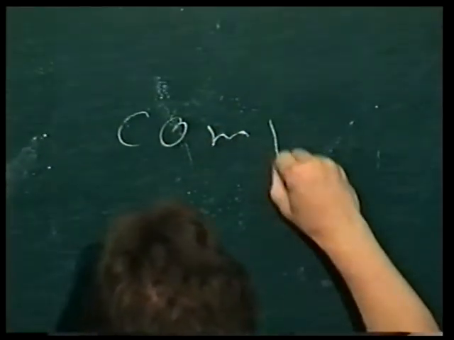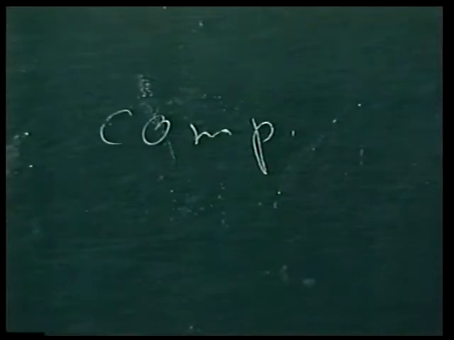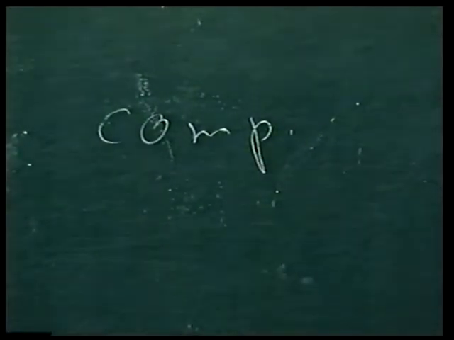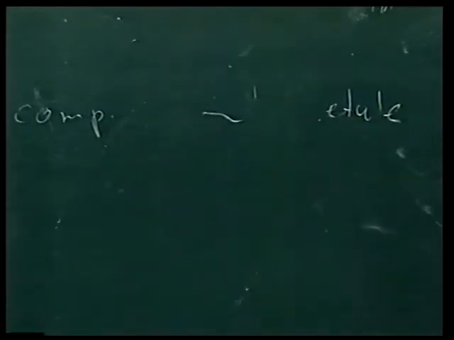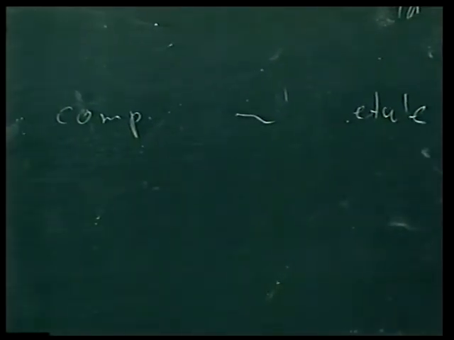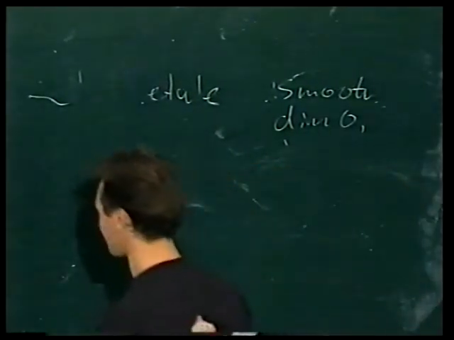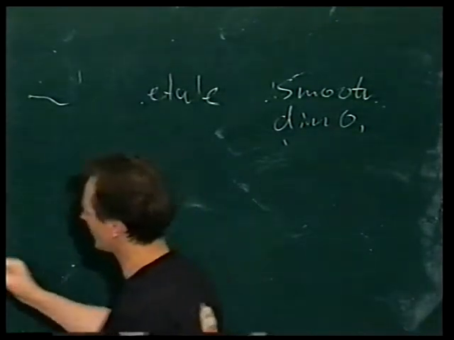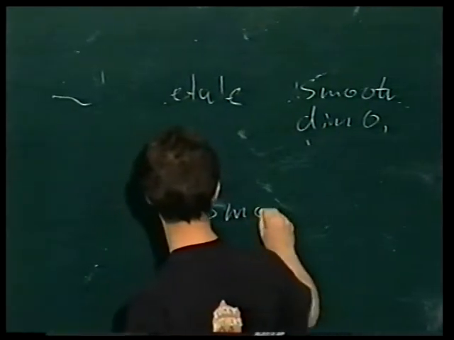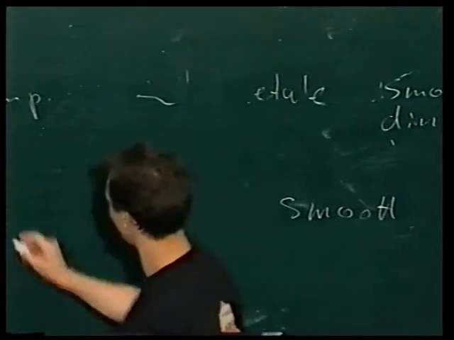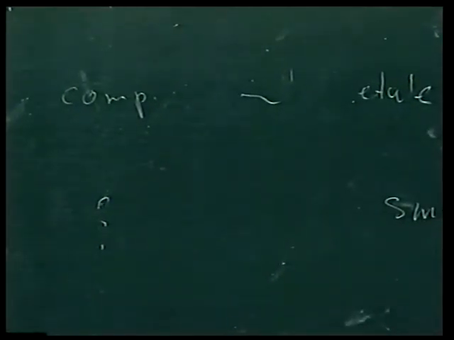And what actually happens is that there is a symmetry between compact and, I should say, a tau, or smooth dimension 0. And we don't really, smooth doesn't have a proper companion.